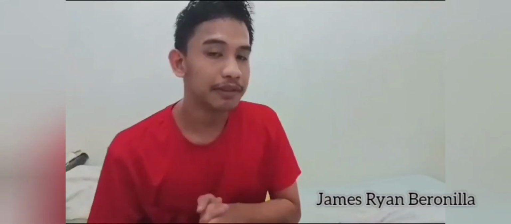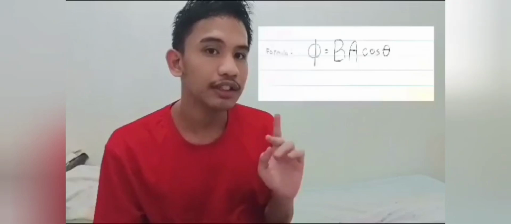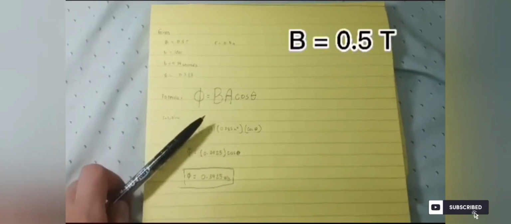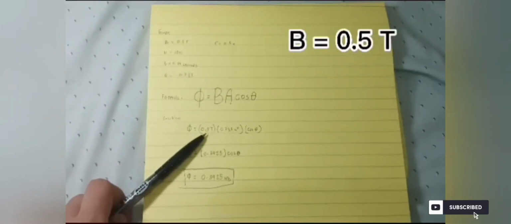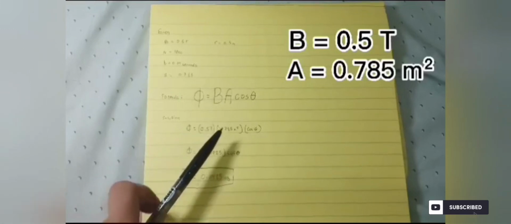So I'm James Ryan Berineria, and today we're going to get the magnetic flux using this formula. Now we can find the magnetic flux by substituting the given values. We substitute the magnetic field with 0.5 Tesla times area, which is 0.785 meters squared, times cos 0 since the angle is not given.